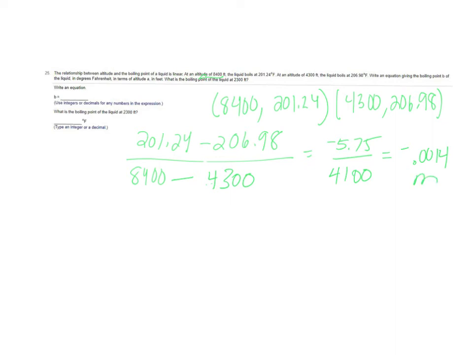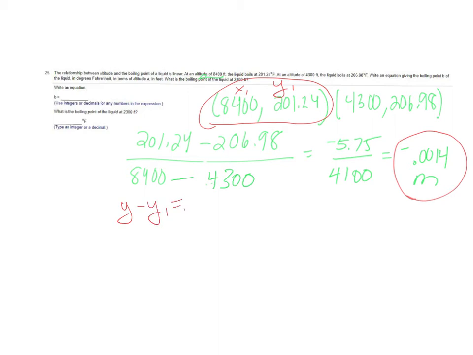So that is my m value. I'm now going to have to take my slope here and use one of these points as my x1, y1, and substitute into point slope form so that I can figure out what the y-intercept is.